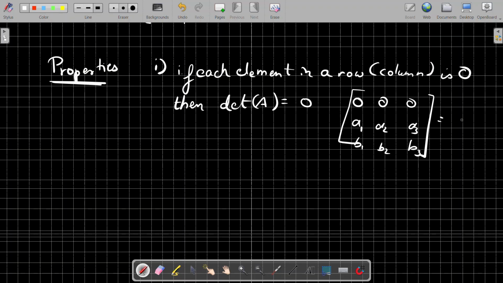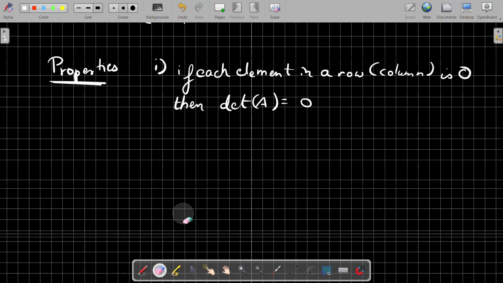So you will get the end result as 0. Same case applies if any column was 0, because then you can expand along that column and you will get the end result as 0. So this is our first property. If any row or column has elements all equal to 0, then the determinant will automatically be 0.